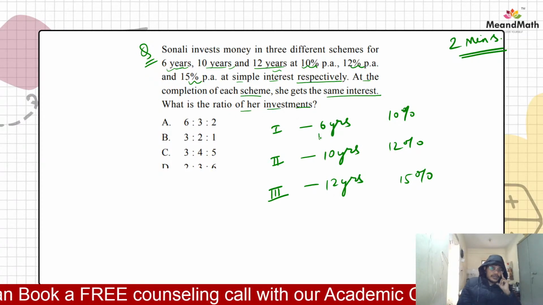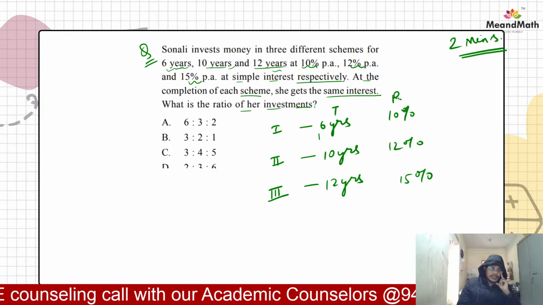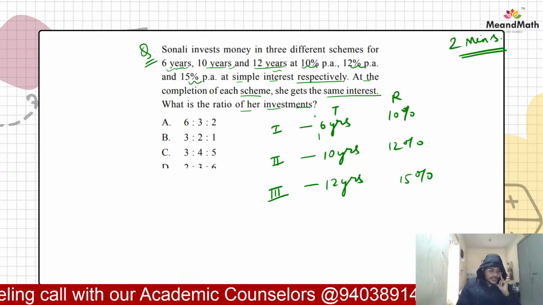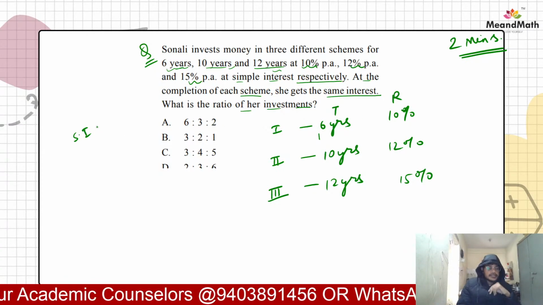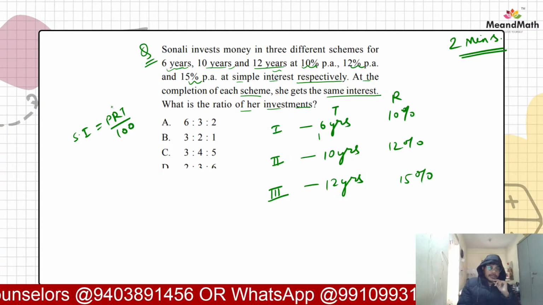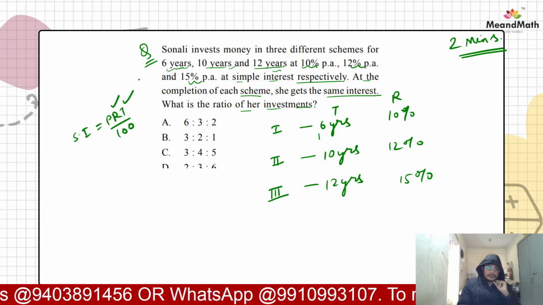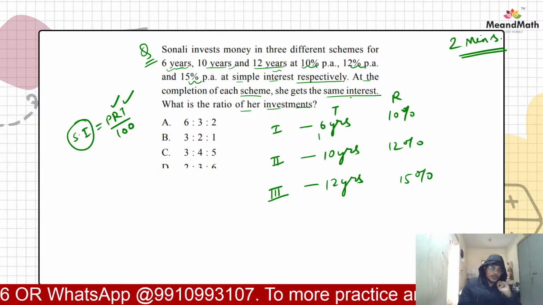Right. You have time, you have rate, and what other thing do you need to calculate SI? The SI formula is PRT upon 100. So you have rate, you have time, and SI is equal for all the schemes.